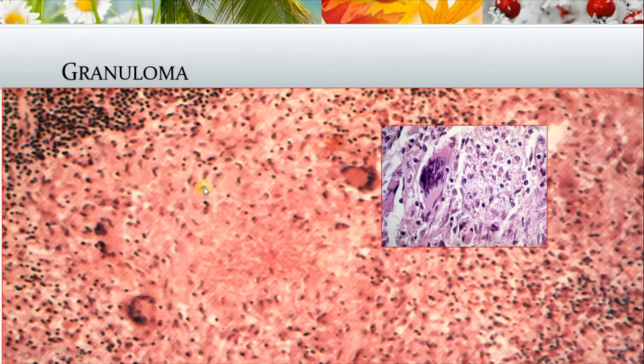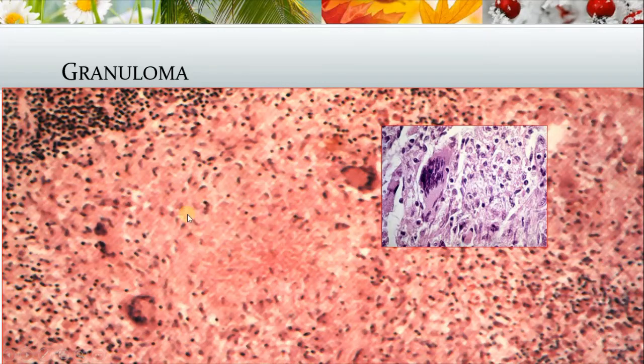And here and there we see some cells with eccentric nuclei. If you locate a cell with eccentric nuclei and abundant cytoplasm, with this cytoplasmic outline, it is known as a modified macrophage or epithelioid cell.